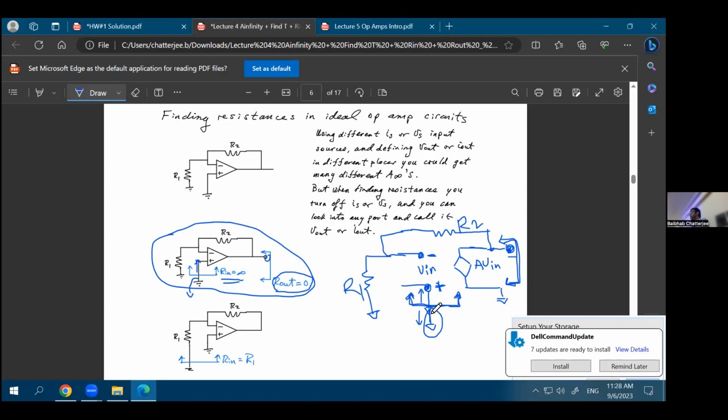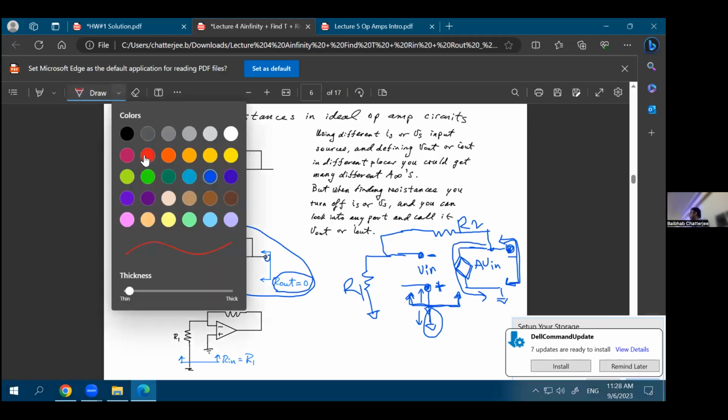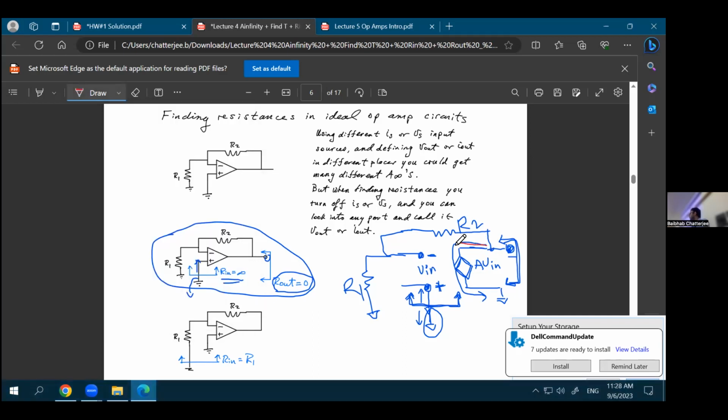We are saying the output resistance is 0 because the series resistance of a voltage source is 0. Series resistance of an ideal voltage source is 0. So you have a 0 resistance path here to ground. From this point, you have a 0 resistance path to ground because you have a voltage source over here, and the resistance of any voltage source, if it is an ideal voltage source, is 0.